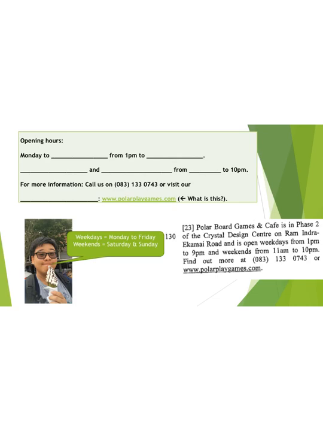This one is basically just testing you on the spelling of different words. From the passage you can see that for weekdays the cafe is open from 1 p.m. to 9 p.m. and for weekends from 11 a.m. to 10 p.m. and then finally visit, this one would be the website.